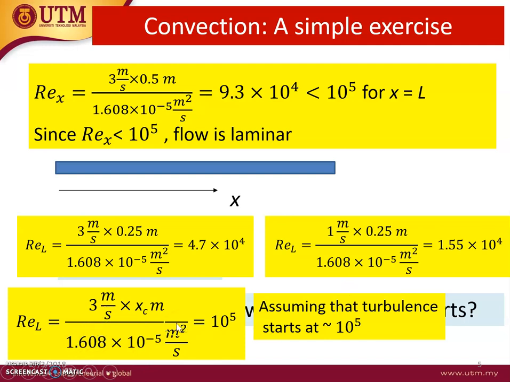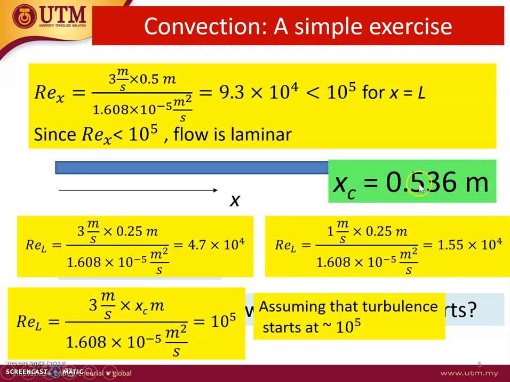Using the equation here, assuming turbulence starts at 10 to the power 5, you can determine the critical length. And you will find that for this particular case, the critical length is 0.536. That is, if your plate is 1 meter in length, at 0.536 meter from the leading edge, the flow of air becomes turbulent.